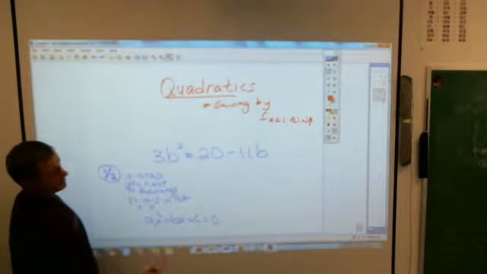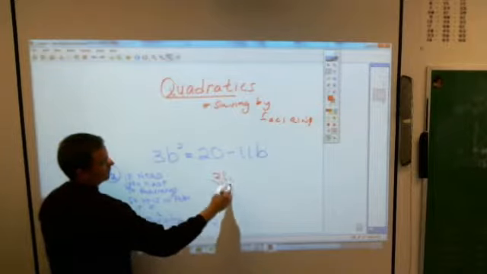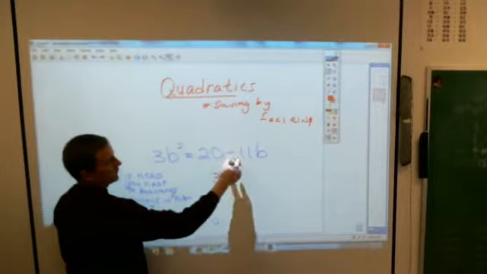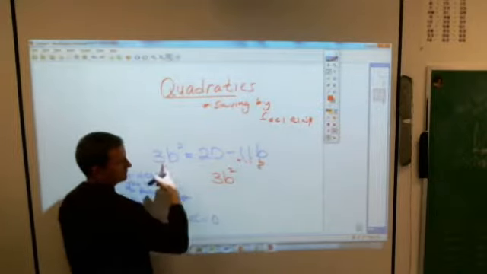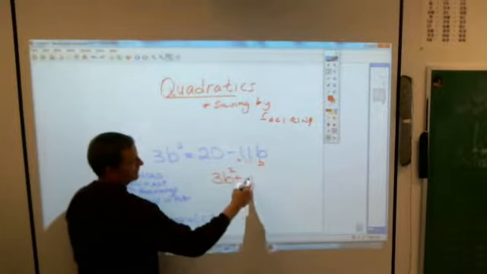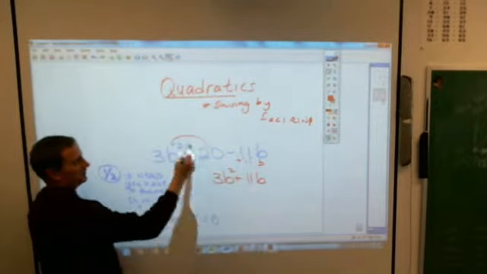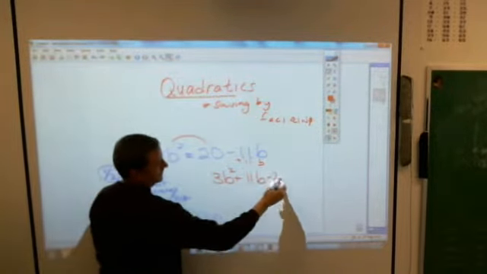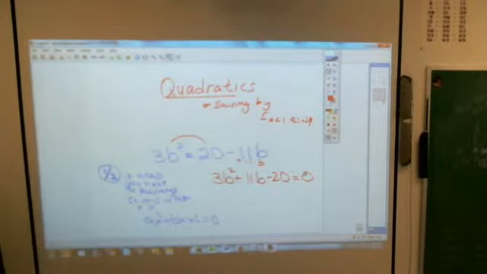How do you do that? It's a pretty simple fix. I've already got my 3b squared where it belongs. I'm just going to add 11b to the other side. So that gives me plus 11b. Are you with me? I'm going to subtract 20 to get it over there. And then it will be equal to 0. And then it's just a piece of cake from there.